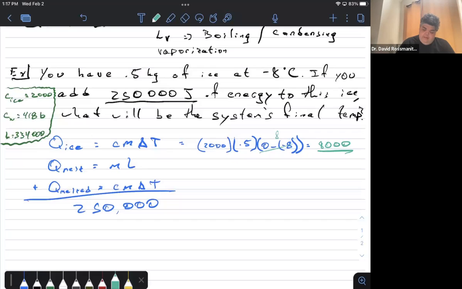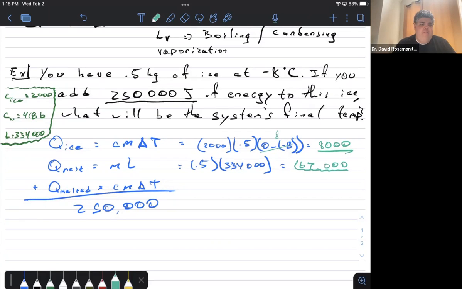All right. Next step, M times L. I'm now going to melt all my ice. How much energy does it take to melt the ice? Well, it's M, 0.5 kilograms of ice, times L, the latent heat of fusion, which is 334,000. All right, so calculator, 0.5 times 334,000, I get 167,000. So far I have 8,000 from step 1, and 167,000 from step 2.